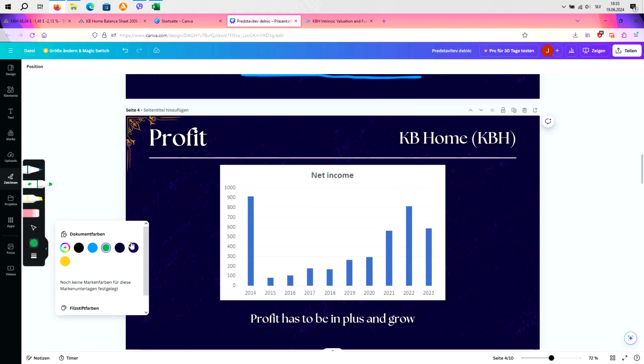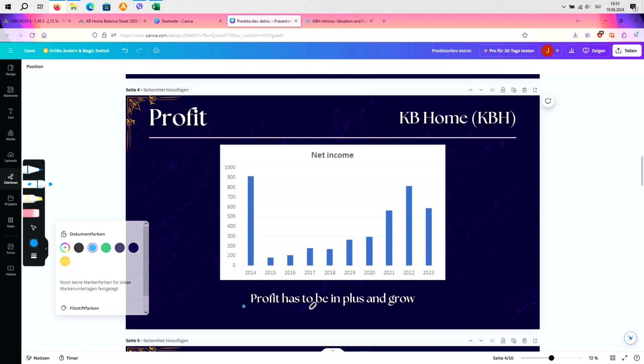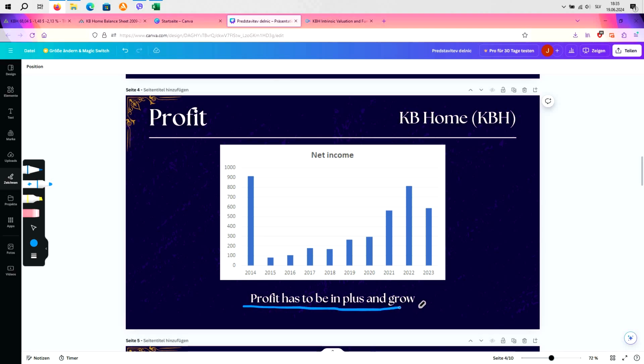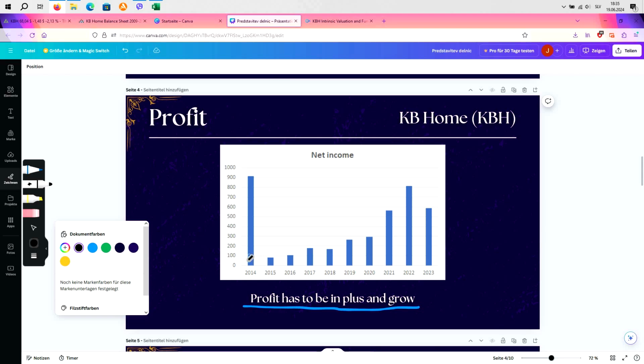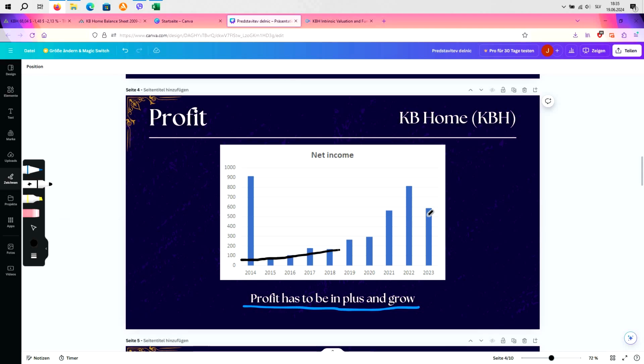Now we come to the profit. And here we have again the little instruction saying profit has to be in plus and it has to grow through the whole years. Now let's make a similar line just like with the chart, kind of an exponential line going like this. And now let's analyze the profit, okay? Profit actually means net income, so don't be surprised that here we have different words, okay?